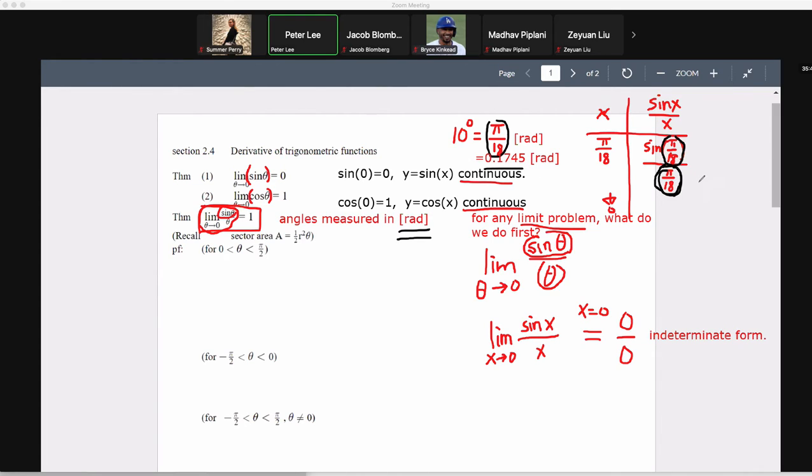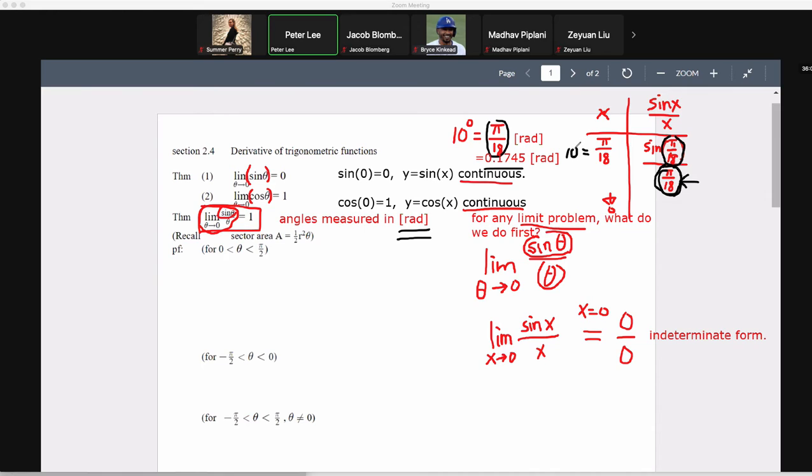So here, you're substituting the value. This value right here is about 0.1745. It is not 10. So there's a big difference between degrees and radians here. So plug in pi over 18, which is actually 10 degrees.